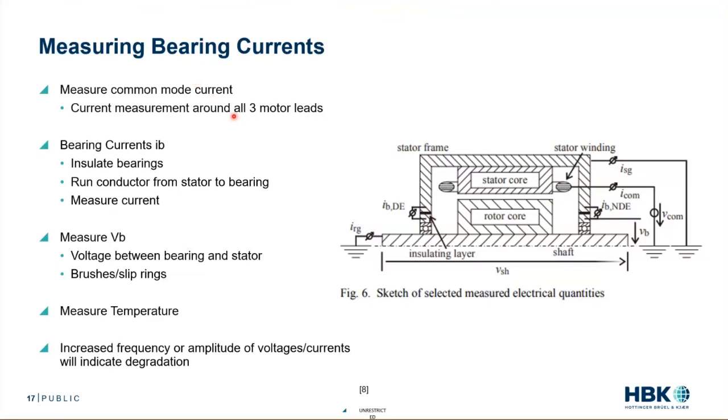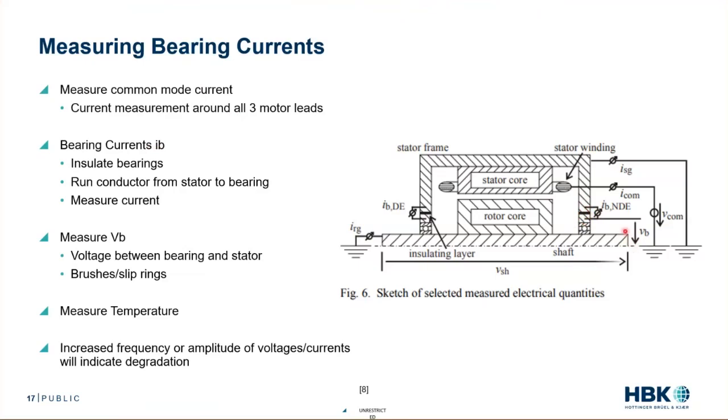Cool. We can measure the bearing currents, IB. So again, if this is my bearing, I can see this little black dash here, I can put an electrical isolation between my bearing and my housing. I can put a conductor from my bearing to measurement or to ground and then measure that current. I can measure that bearing current. That's awesome.